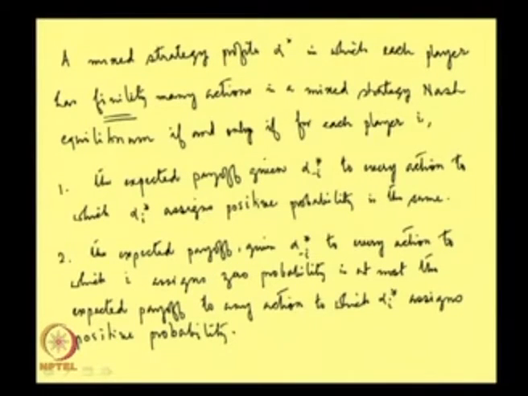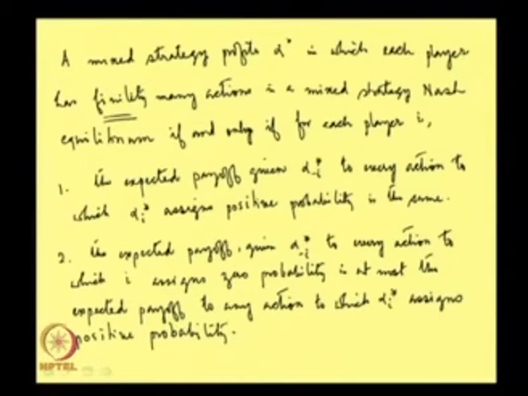So, in the equilibrium mixed strategy of player I, the actions to which positive probabilities are attached, their expected payoffs must be the same. And secondly, the expected payoff given alpha naught I star to every action to which alpha I star assigns 0 probability is at most the expected payoff to any action to which alpha I star assigns positive probability.